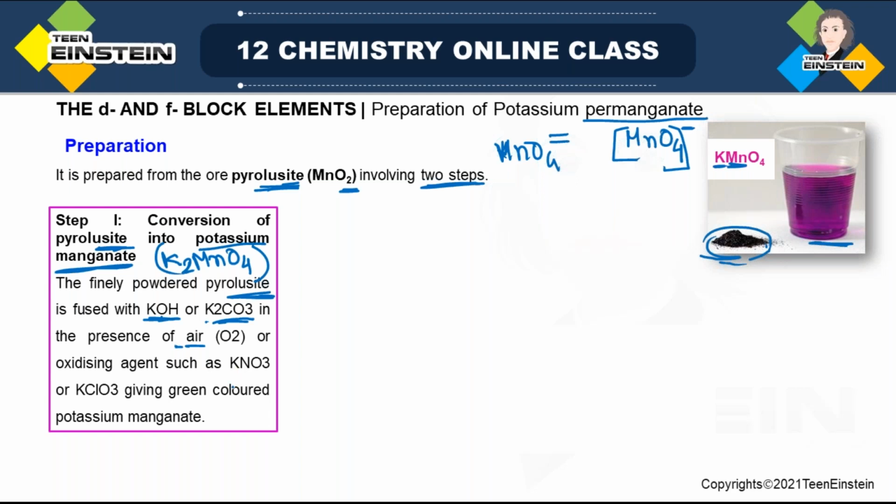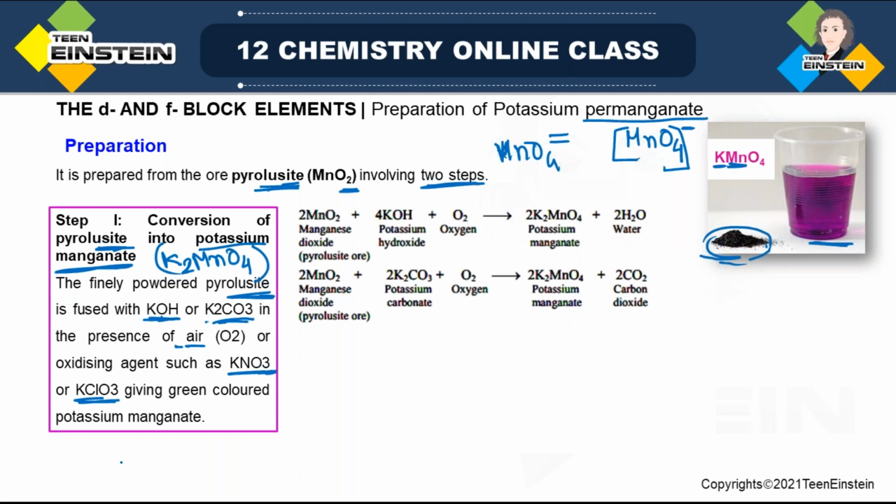You can also use some other oxidizing agent. For example, you can use KNO3 instead of air, or you can use potassium chlorate, KClO3. That is also another type of oxidizing agent. So first here we will get potassium manganate, K2MnO4, and this is green color. MnO4 minus, permanganate, is purple color, but when it is MnO4 2 minus, it is green color, a different color.